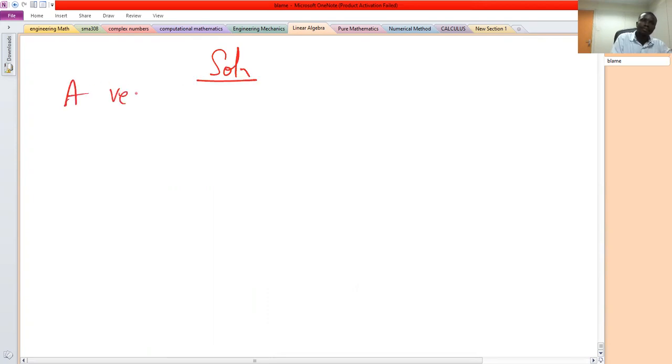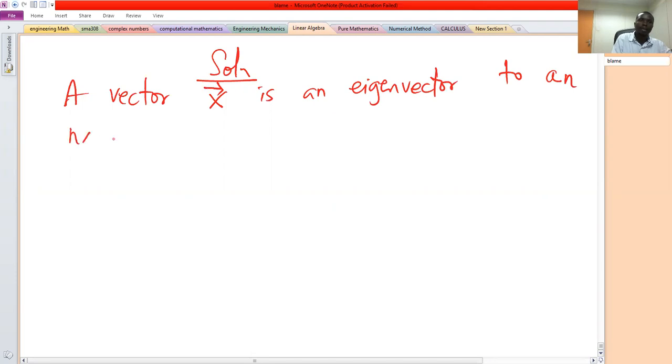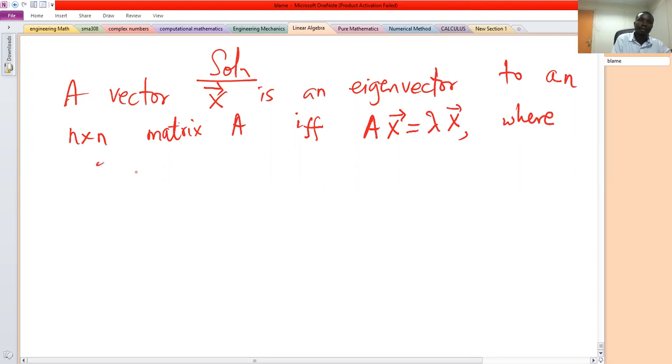A vector X is an eigenvector of a square matrix, an n by n matrix A, if and only if A times this vector X equals lambda X, where lambda is the eigenvalue. So that's what we must confirm.